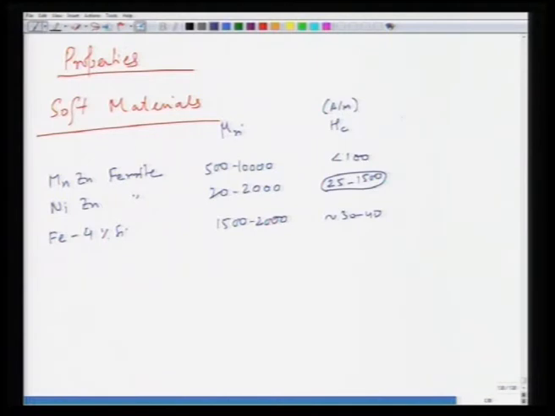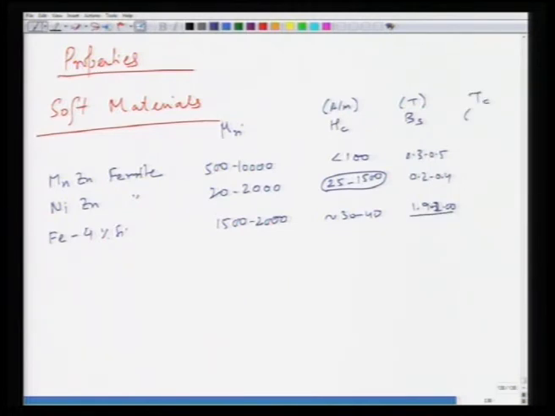And if you look at the Bs value, which is in Tesla, for manganese zinc ferrite it would be somewhere around 0.3 to 0.5. For nickel zinc, it would be somewhere around 0.2 to 0.4, and for iron 4% silicon, it would be around 1.9 to 2.